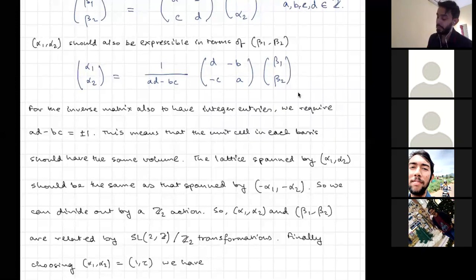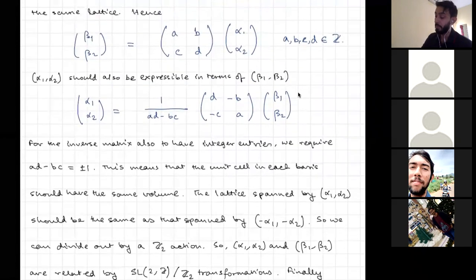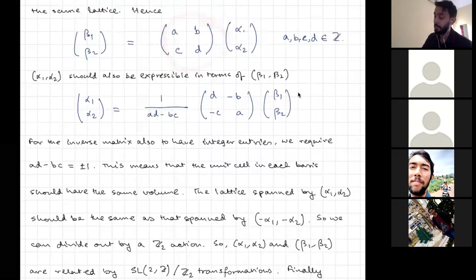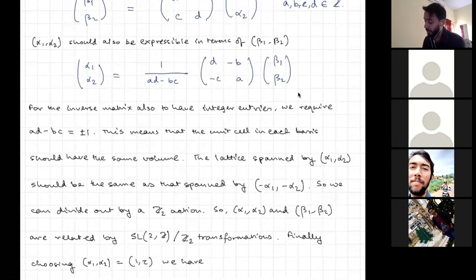That just means we could have this matrix with minuses as well. Those two amount to the same thing. So alpha 1, alpha 2 and beta 1, beta 2 are going to be related by SL2Z modded by Z2 transformations. Okay, that's what it is.